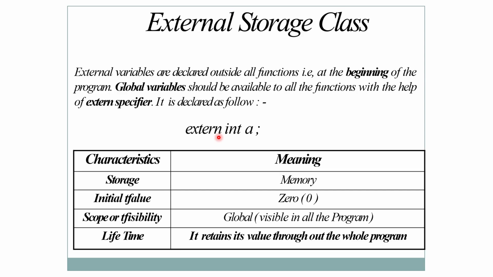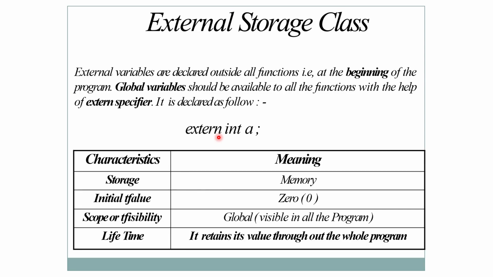That means if you declare a variable as external, it can be accessed anywhere in the program, not in a particular memory location or a particular block. And lifetime, it says that it retains its value throughout the whole program.